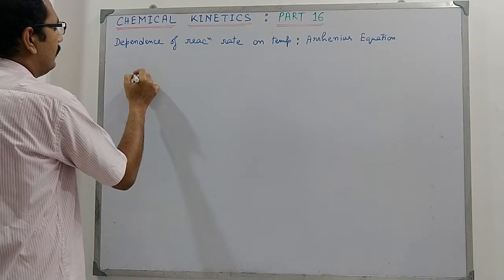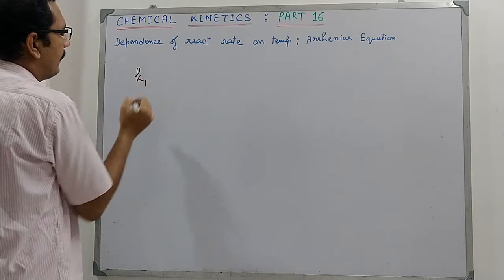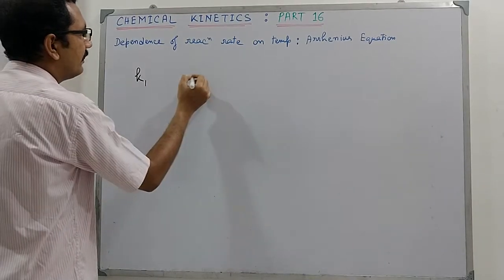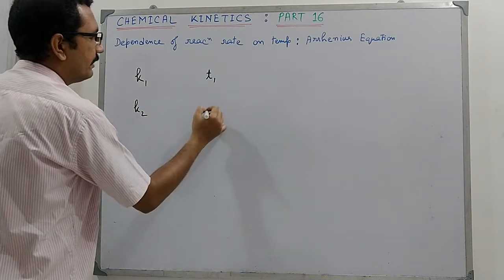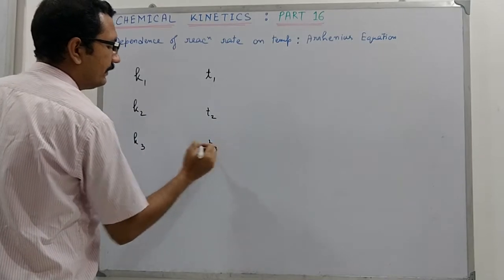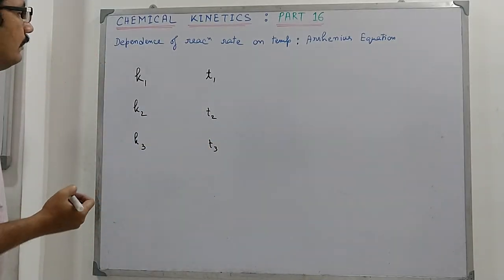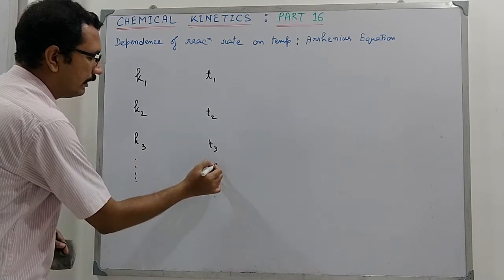Now he took a particular reaction and he found rate constant K1 for temperature T1, rate constant K2 for temperature T2, rate constant K3 for temperature T3, and so on, for a particular reaction, and many other data.